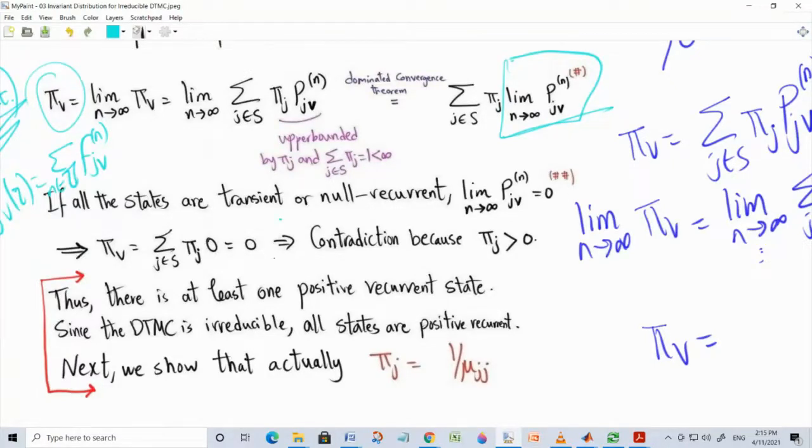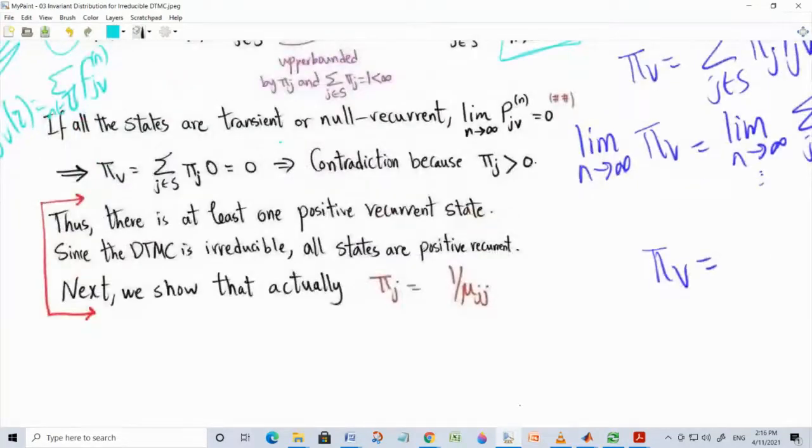So if we show that there exists one positive recurrent state, it must be the case that every state is actually positive recurrent. And we will show that basically the stationary distribution is 1 over mu jj.